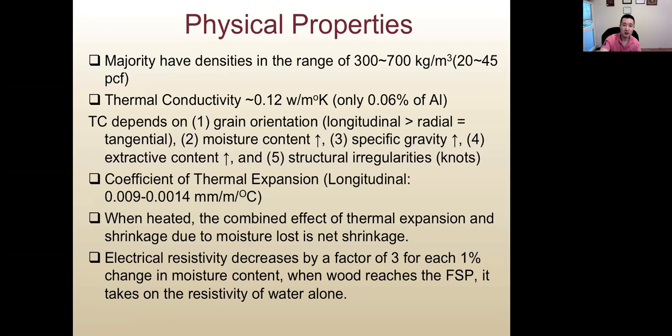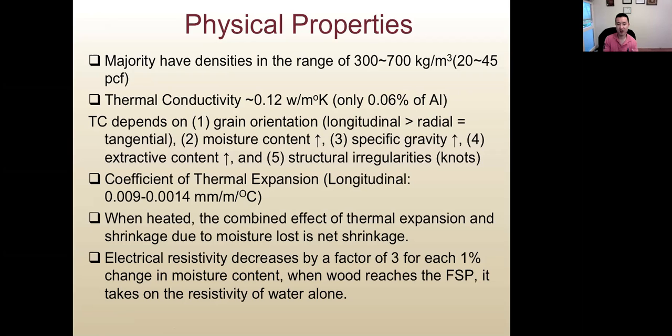So the typical value is around 0.009 to 0.0014 millimeter per meter per degree Celsius. And when heated, due to thermal expansion, the wood will expand. But due to moisture loss, the wood will shrink.